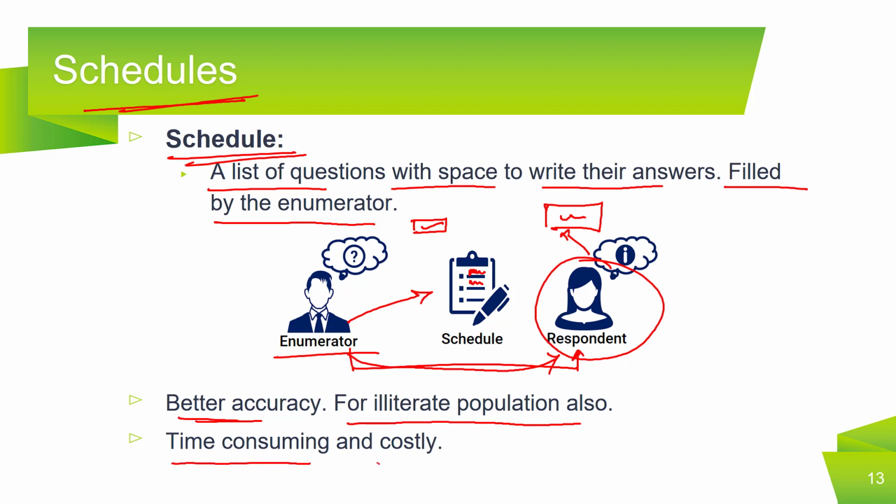But the drawback is it is time consuming and costly. Why? Because the enumerator will have to personally visit each and every respondent, right? So that is how we collect statistical data of primary kind, right?